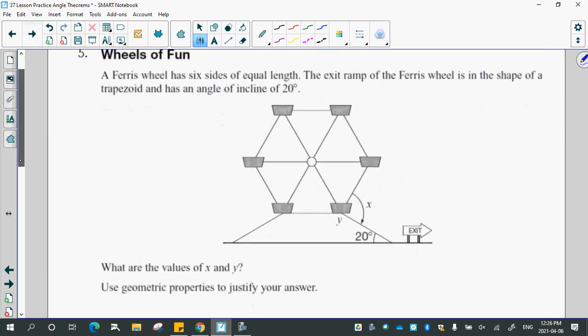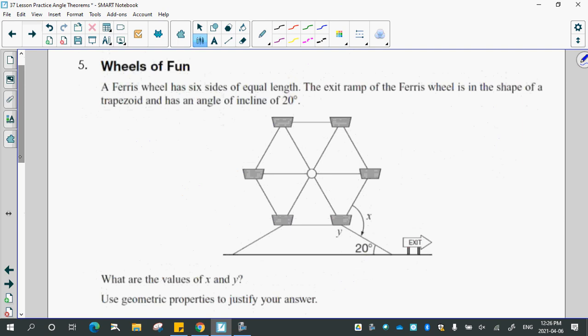Next one, wheels of fun. A Ferris wheel has 6 sides of equal length. So ignoring the little seats that are there to confuse you, we have this shape here, plus the inner spokes. We've got a hexagon, right? 6-sided with equal length, so it's a regular hexagon.